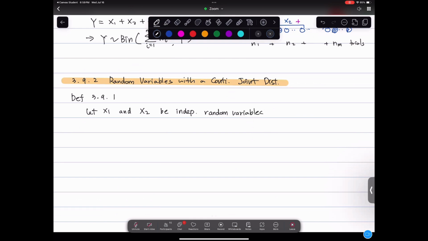They may not be identically distributed, but they're independent. So let y be the sum of these two, x1 plus x2. So the distribution of the sum of the two continuous random variables is a convolution.